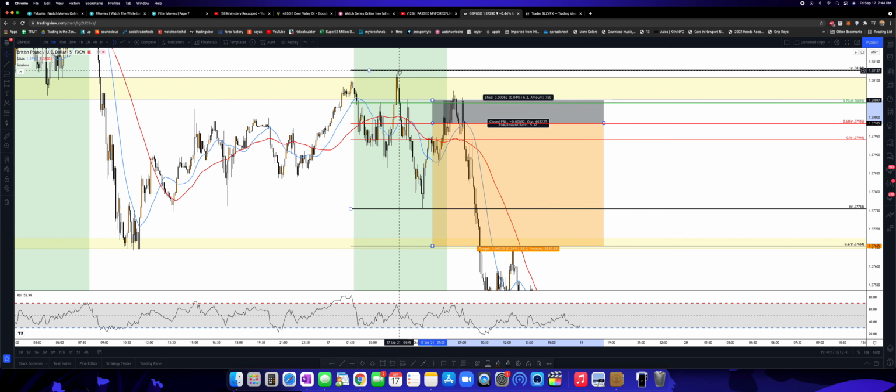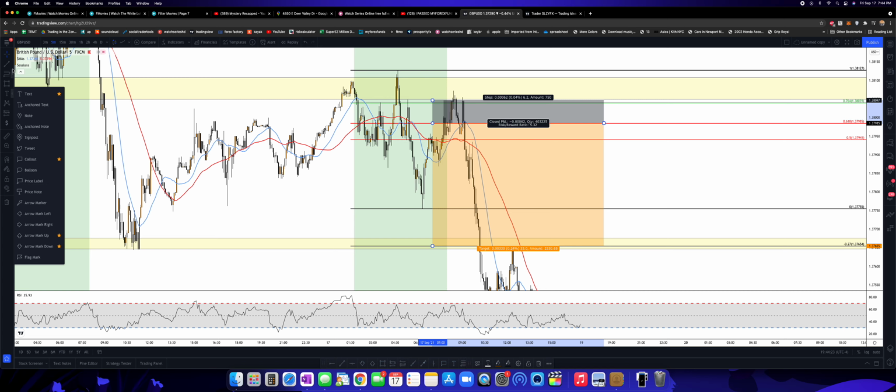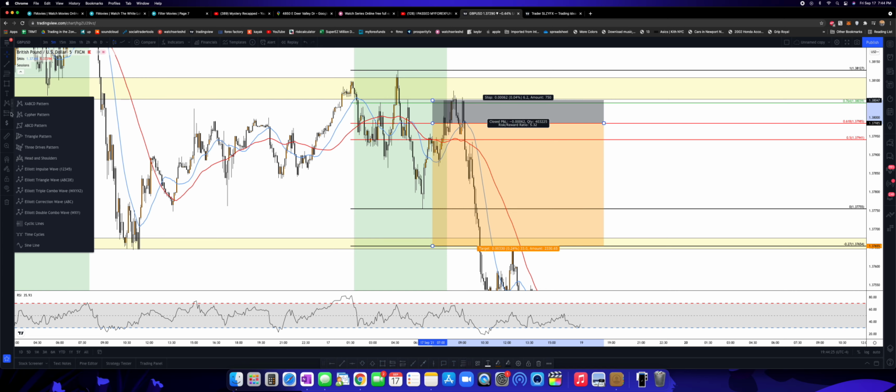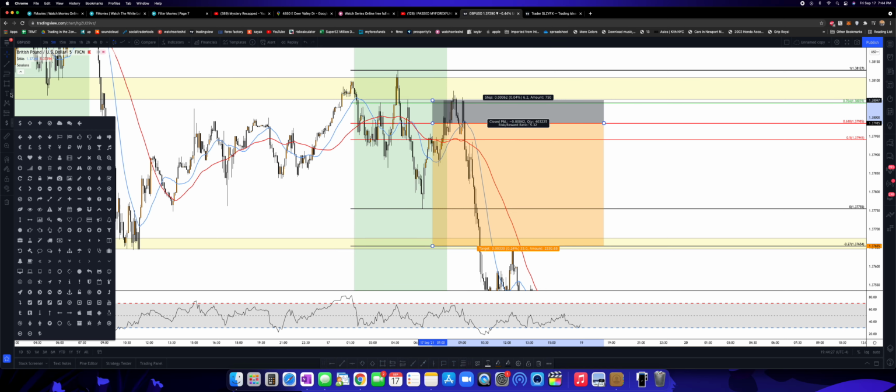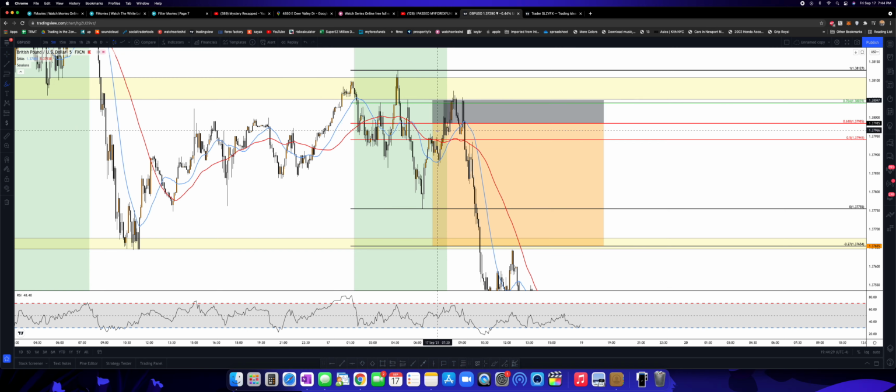Why? Because this is the overall high of the move, and as long as price doesn't go above this and do something like this, so let me find my drawing tool, as long as the market doesn't come up past this point, come down and go back up, then the market is valid.